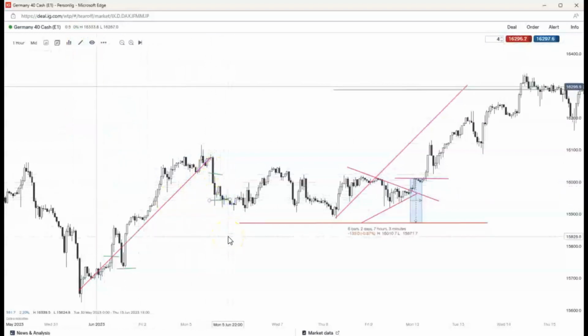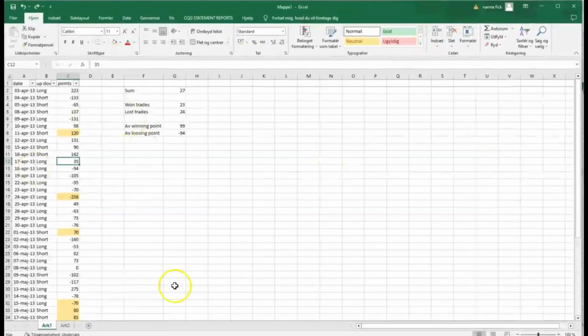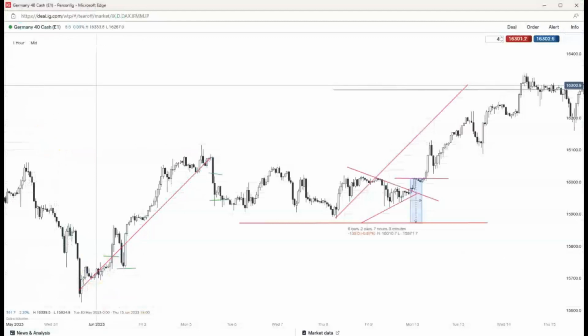Make it visible. Trading is a visible discipline because we're using technical analysis, which is a visual discipline. So start drawing in all of your trades. Make the statistics to see, okay, what is actually happening? What am I doing right and what am I doing wrong? And then look at the chart to figure out, am I managing my risk well and am I doing the right thing?